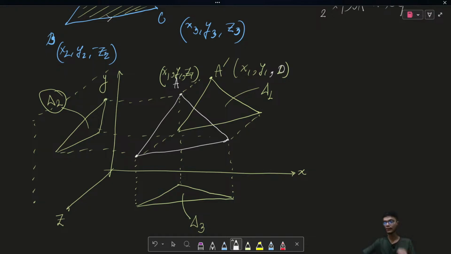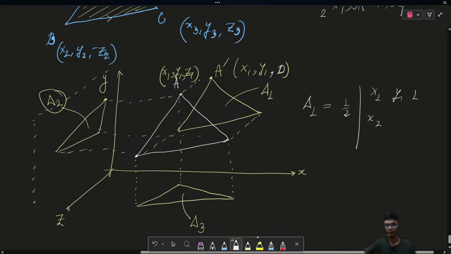So we are trying to form this particular A dash such that it is lying on the XY plane and it is a 2D triangle. Now you have already seen how to find the area of this 2D triangle: you can find delta 1 simply by doing half times the determinant of x1 y1 1, x2 y2 1 and x3 y3 1.